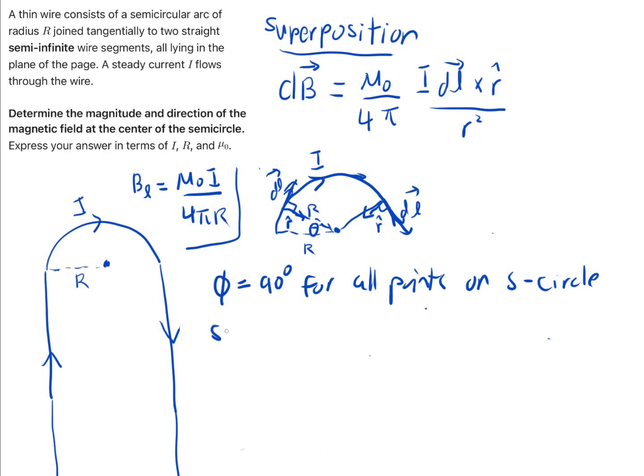So that means that the sine, if we remember from this Biot-Savart law, that means the sine of the angle between them is always just going to be the sine of 90 degrees.